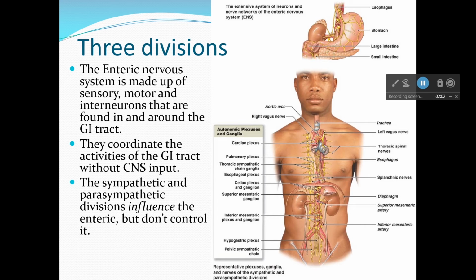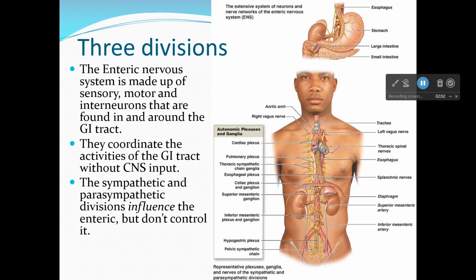So they sort of have their own control system. The enteric system controls the GI tract without the need for central nervous system input. You can be brain dead and still digest normally, believe it or not, right?